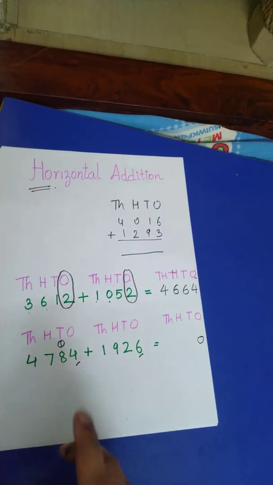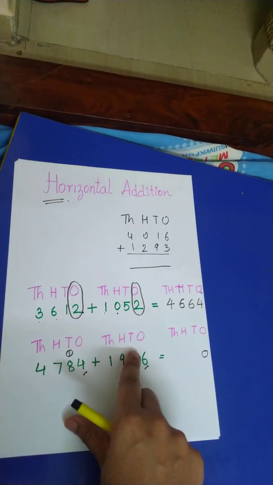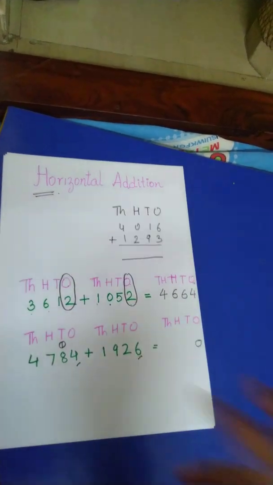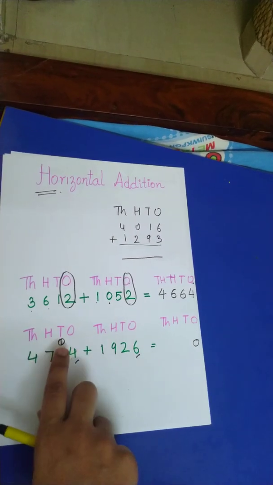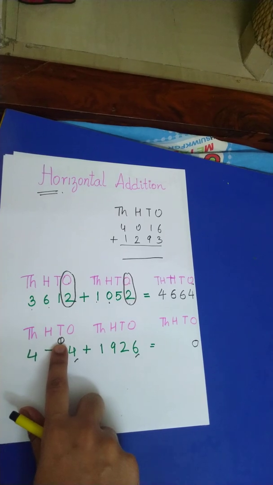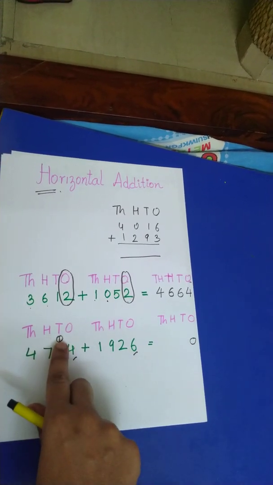Now remember kids, if you want to write the carryover, you either write it over here or here. Just don't write on both the addends, just write at one place. I have written the carryover over here. So 6 plus 4 is 10. I have 0 here and 1 carryover.